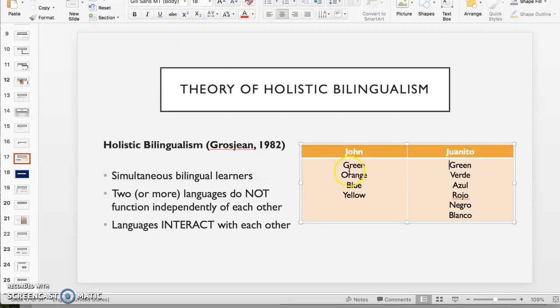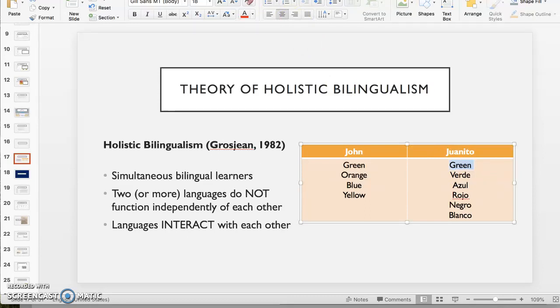So again, with the color example, if one student can have 4 colors in one language, but 6 colors or 5 colors even across 2 languages, maybe we should be valuing what they can do with both languages before we label one kid as a deficit just because they're not reading, or rather performing like with a colored list, like a monolingual English speaker would. So we're trying to honor what kids can do in 2 languages.